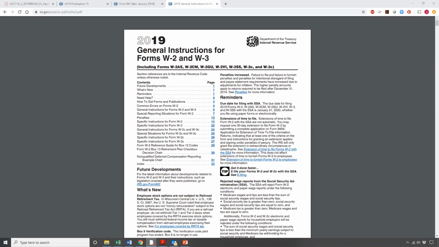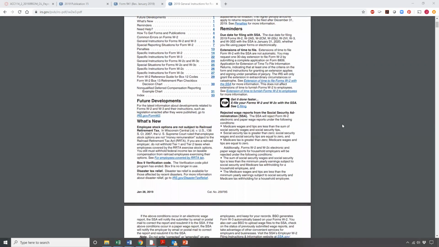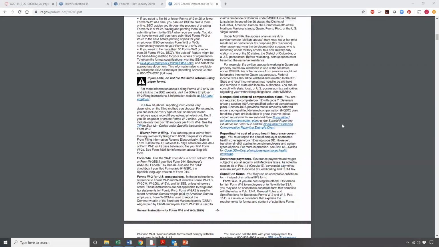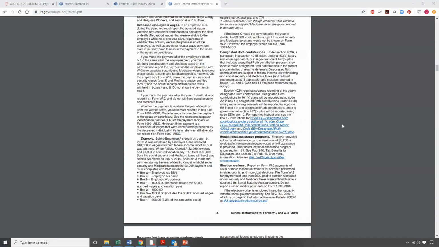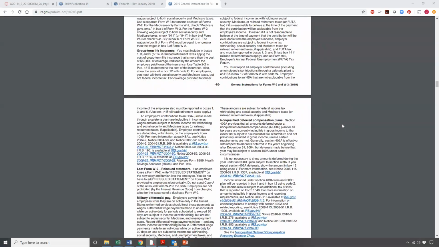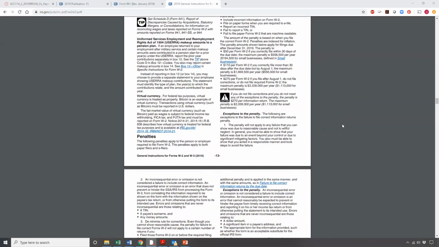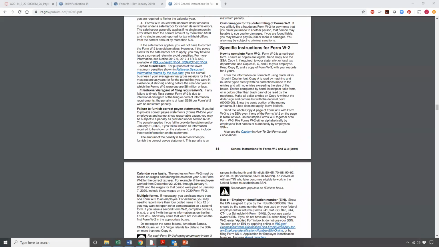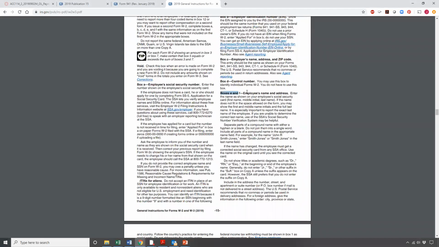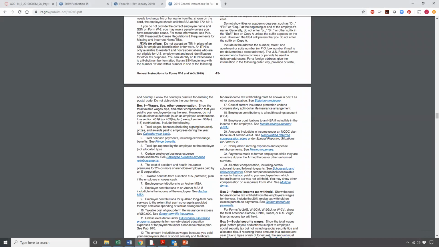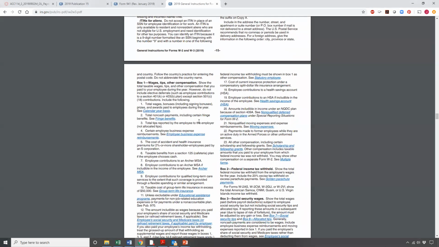You can see the link at the top. Those will help you walk through each line item, because these instructions literally will go through step by step of what's included. Right here where it says specific instructions for Form W-2, it'll walk you through what each box should be. So if you have a question about that, or if you're confused about what goes in there, just check that out.